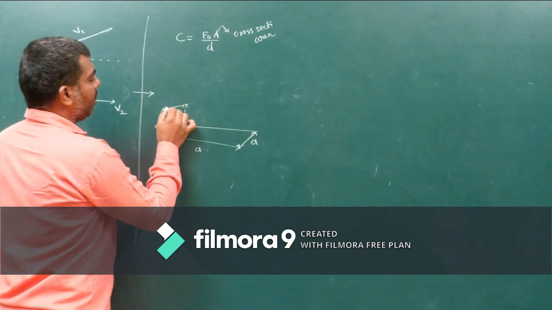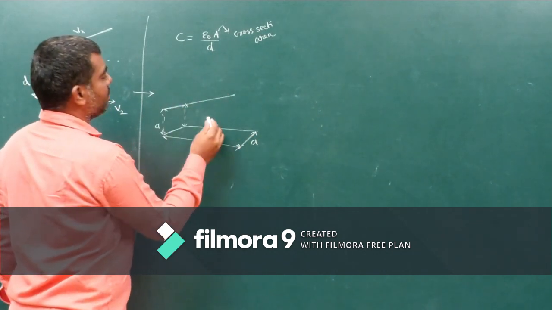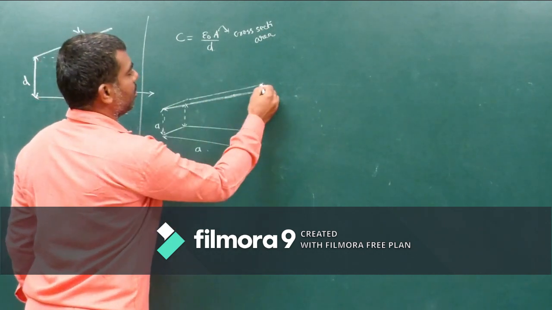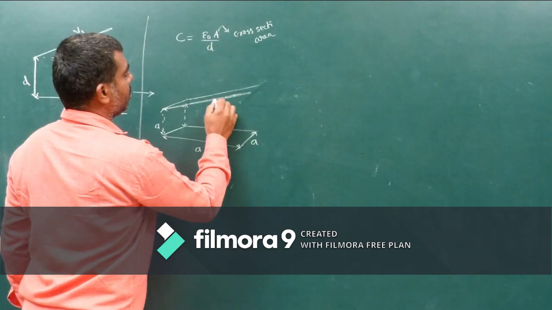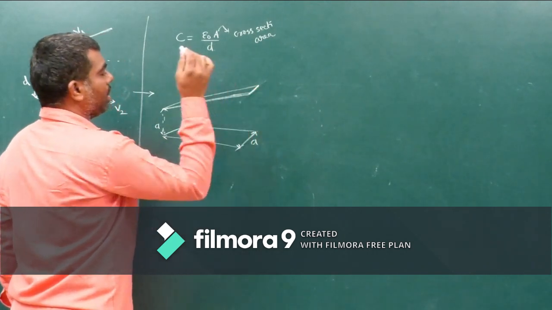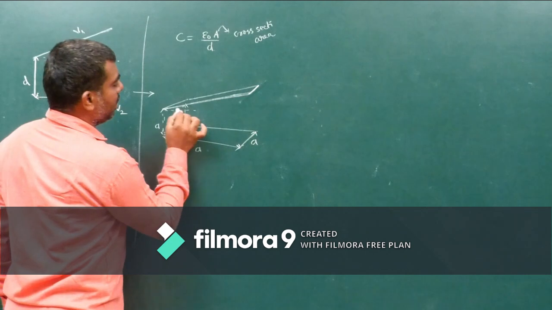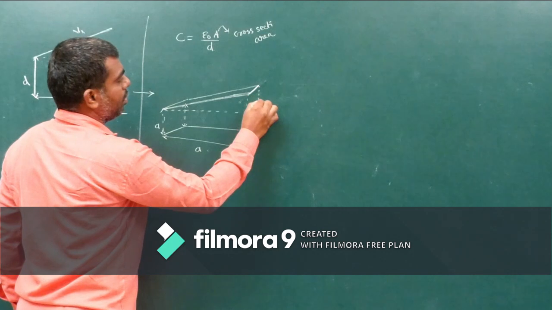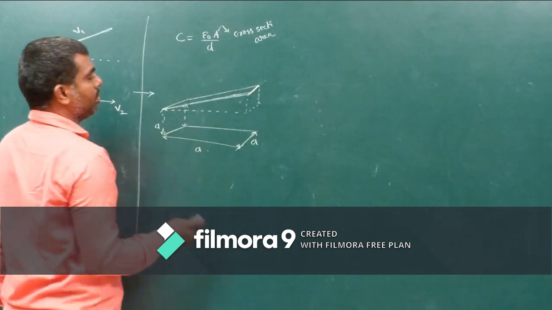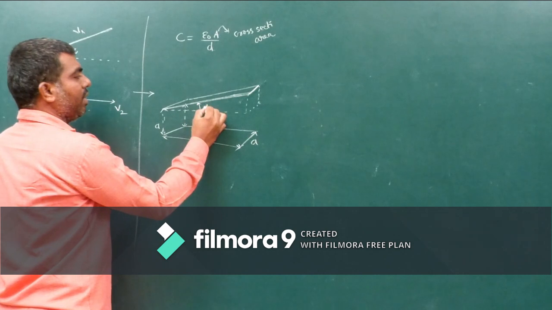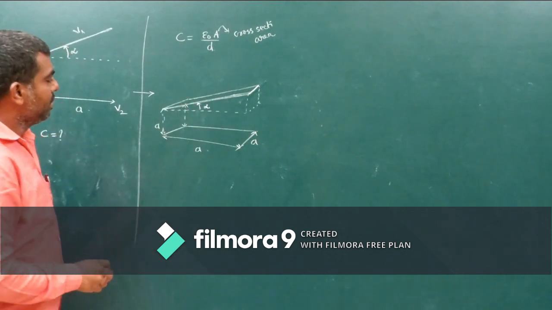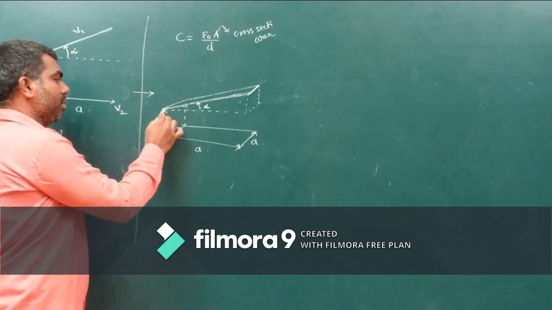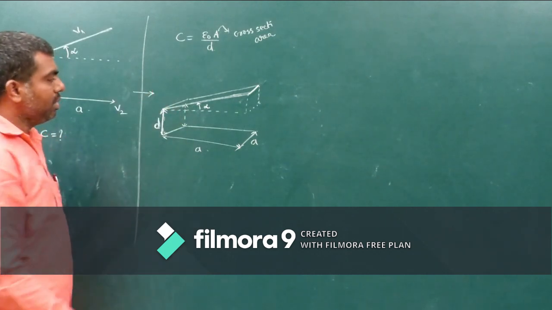From here we have another plate like this, and this is the plate separation. Here alpha is given, and the shortest distance between the two plates is D.